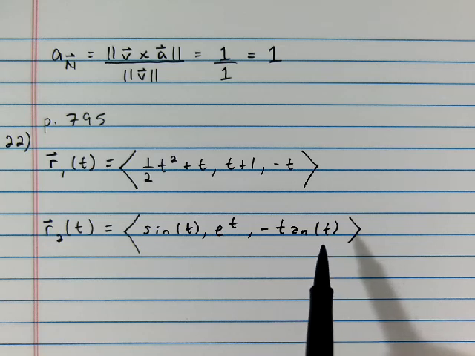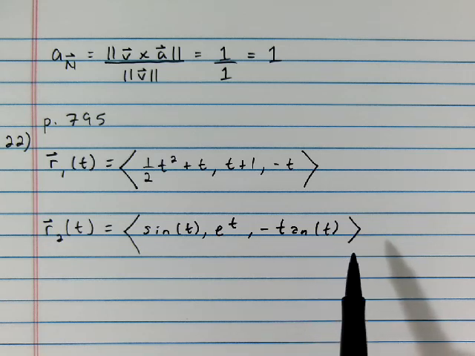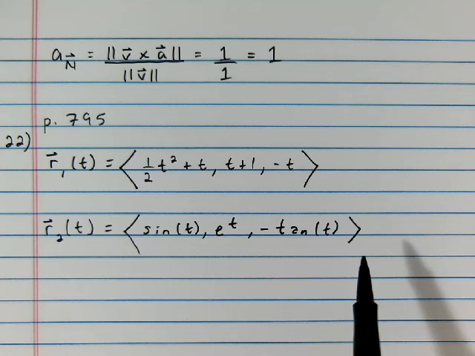Say, for instance, curve 1 starts at t equals 0 and goes to t equals 50. At time t equals 3, it might be at 0, 1, 0. Where curve 2 might start at time t equals 0 and go to t equals 1,000,000. And it might be at time t equals 70, it's at 0, 1, 0. So they can hit the same place at different times.